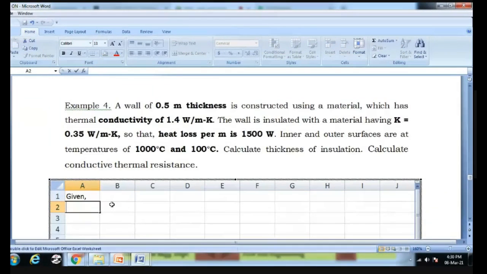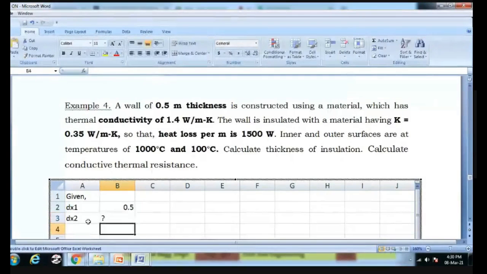So I'll make dx1, because first wall thickness is 0.5, second wall thickness we don't know. 0.5 meter, simple, it is in meter, so I'll make here 0.5. Okay, 0.5. Then dx2, is it given? No, it is not available there.